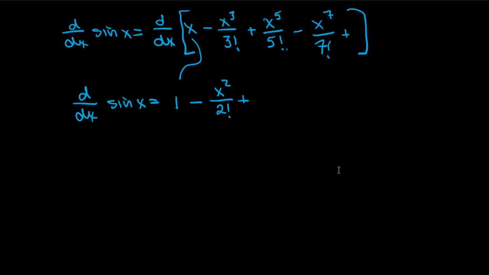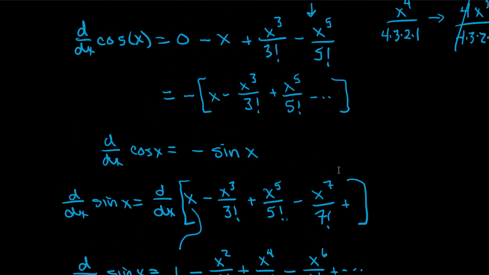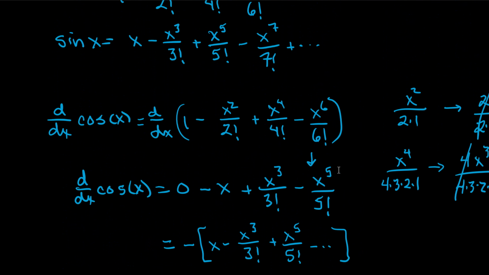Well, the 5 will cancel, and this is going to give us x to the 4th over 4 factorial, minus x to the 6th over 6 factorial, plus, and it's going to alternate signs. And you may recognize that as being something that we saw a little bit earlier up here.